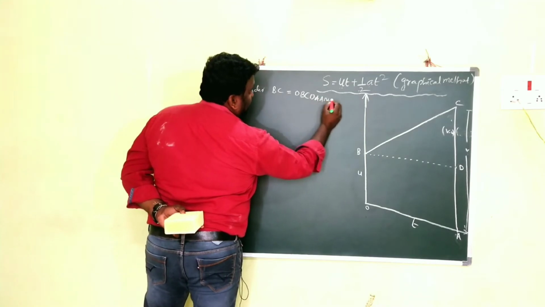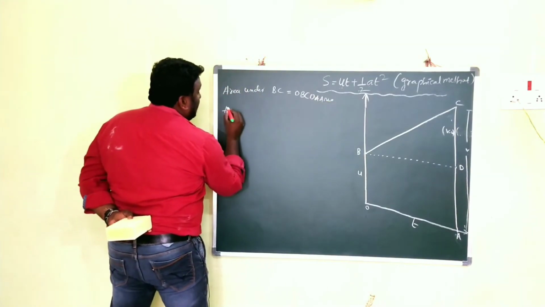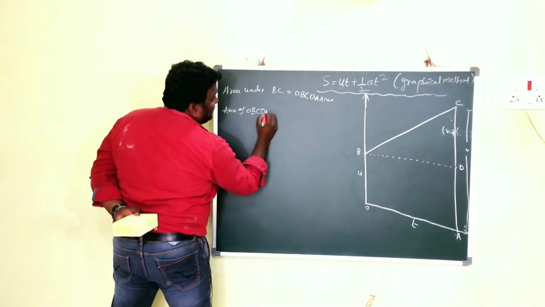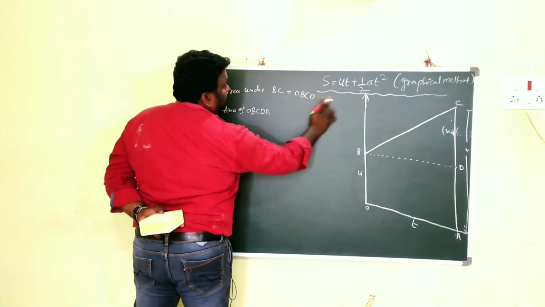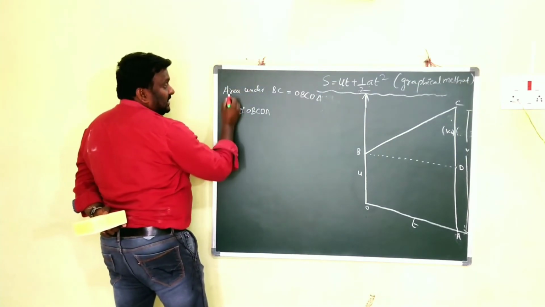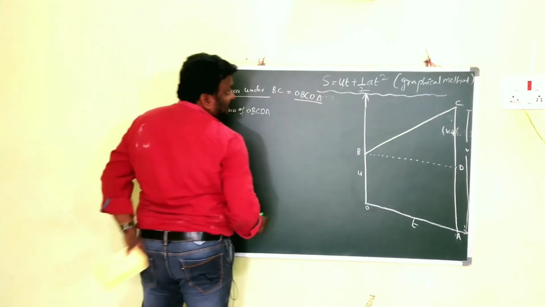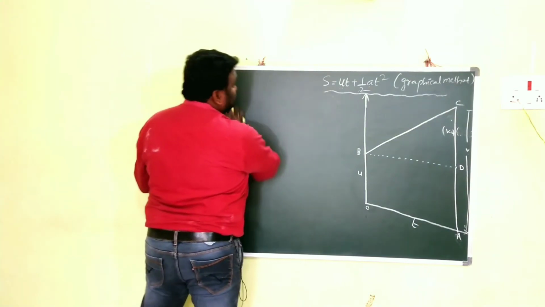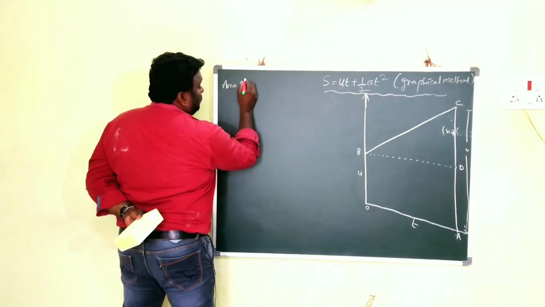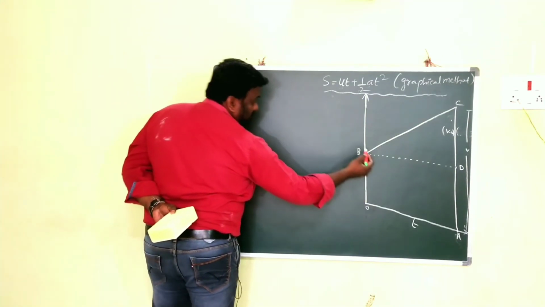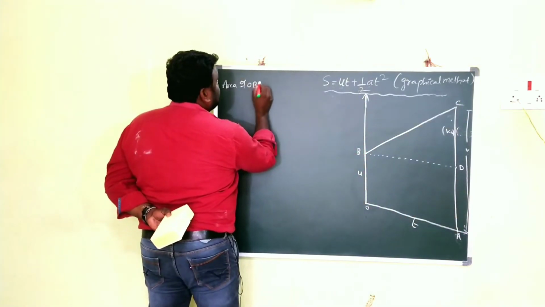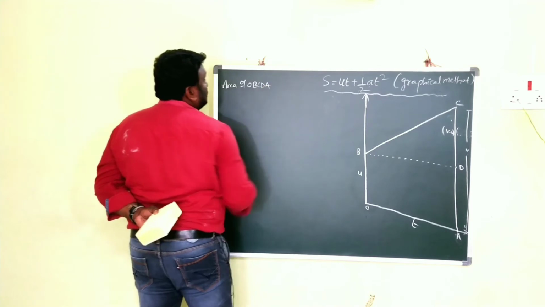So here I am simply writing now the area of O, B, C, D, A. Area under BC is O, B, C, D, A. So, clear? That's why I am writing here the area of O, B, C, D, A.